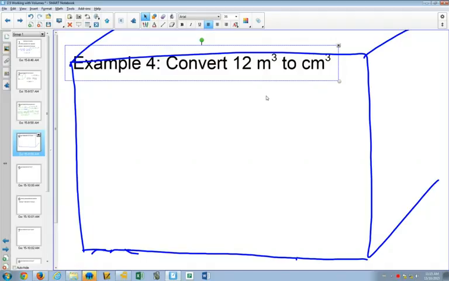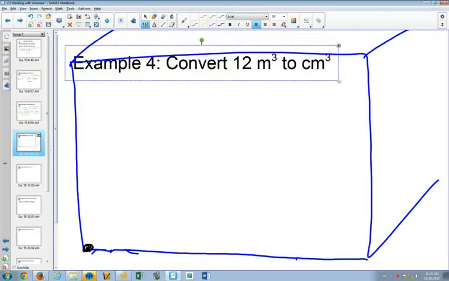So 1 centimeter on here, if I measure it, is right here. It's tiny. Compared to a meter cubed, 1 centimeter cubed is tiny.